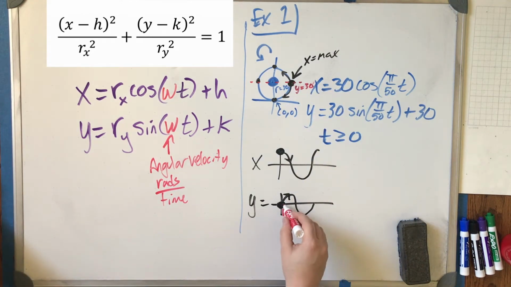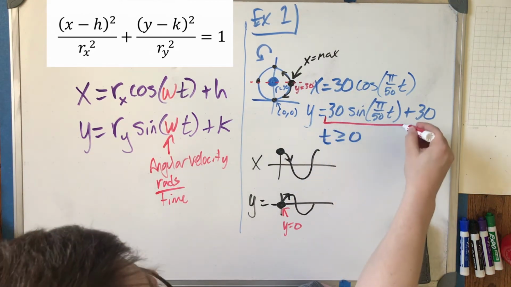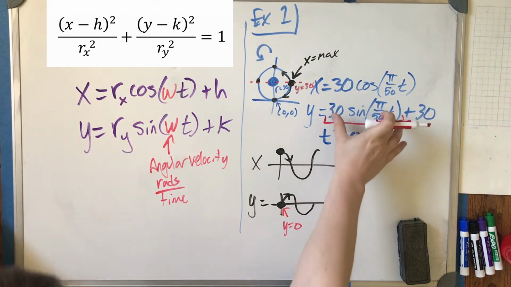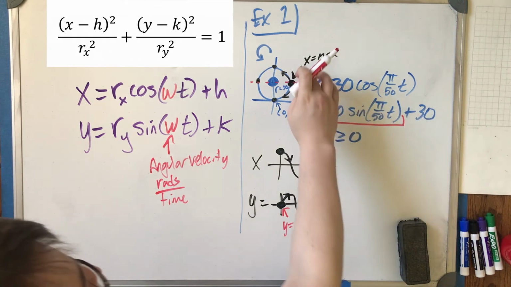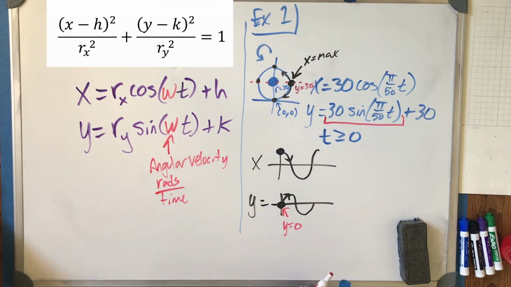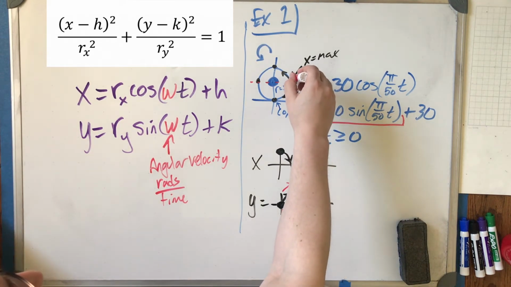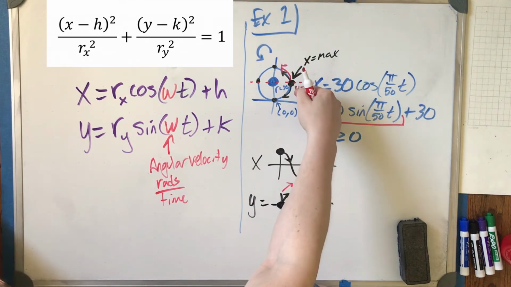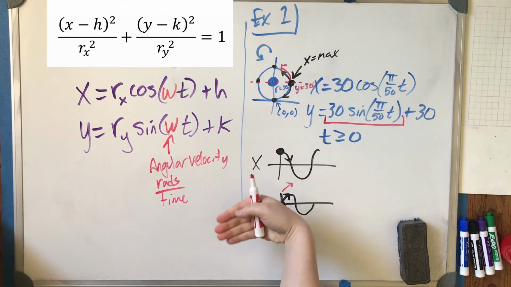This says y should equal 0, but that only takes into account the sine graph part. If this part is 0 plus 30, that brings us right there. So this point lines up as our start point, but it's going to tell us our direction. Looking at this, the y values will increase, go more positive. From this start point, we have to go this way because that's the only way that y values increase. If we went this way, down, the y values would decrease.